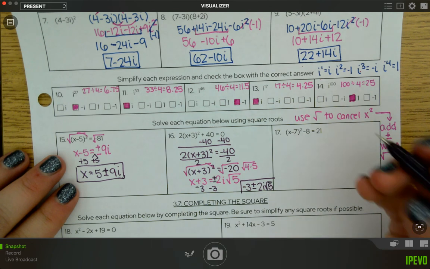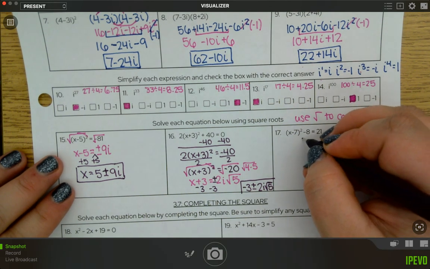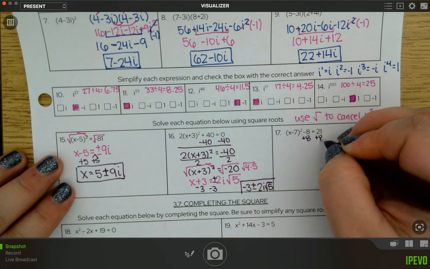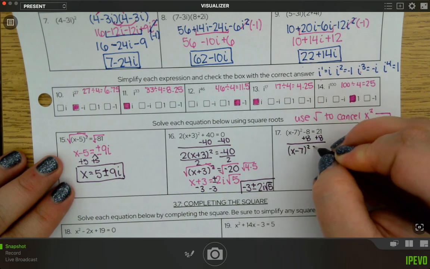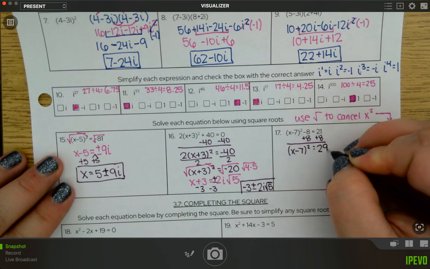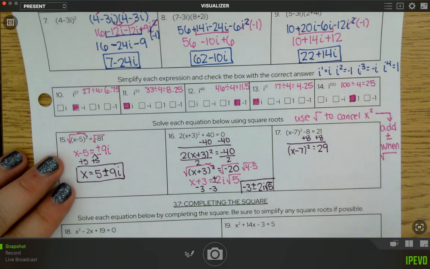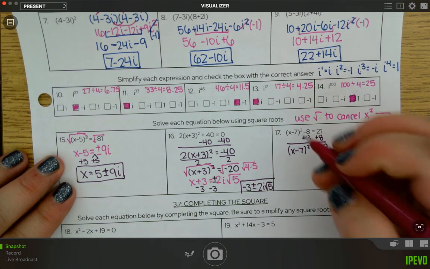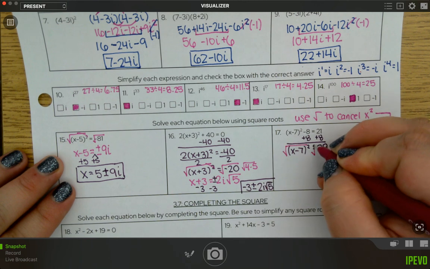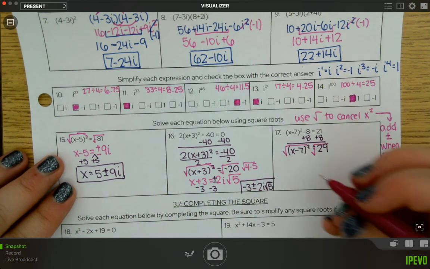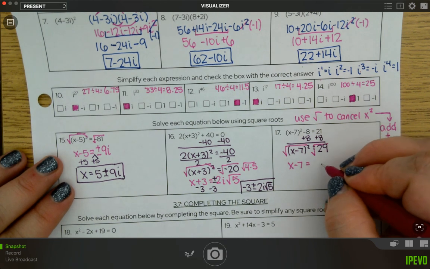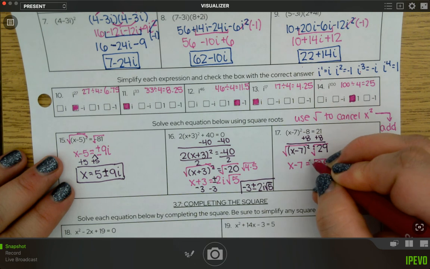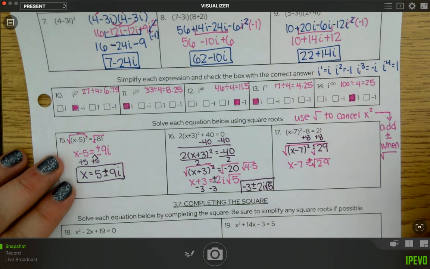And we have one more. I'm going to add this 8 to the other side first. And I'm going to take the square root on both sides. But guess what? Nothing goes into 29, so I actually can't simplify it this time. Don't forget that plus and minus.